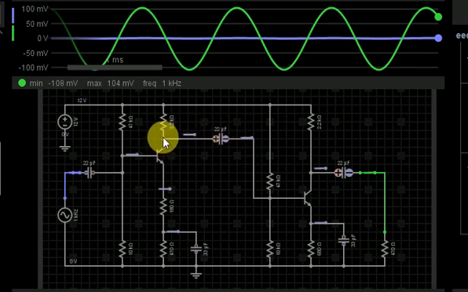So the DC component in the signal that we received here will be blocked by this capacitor. Only the AC signal will pass through this capacitor.